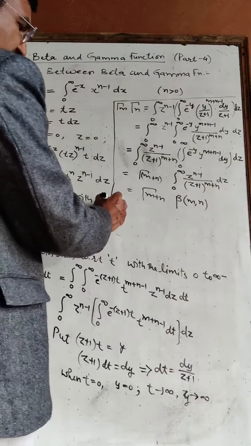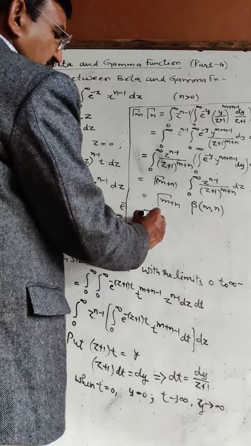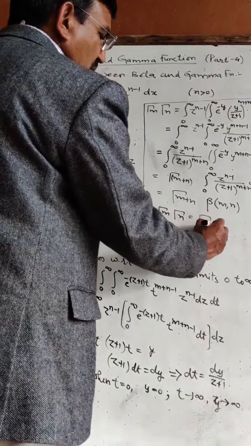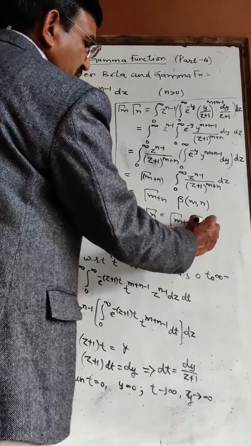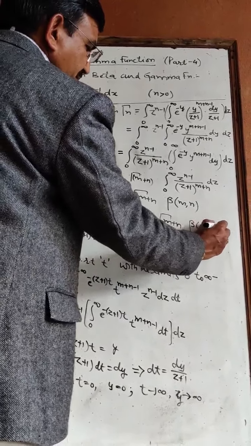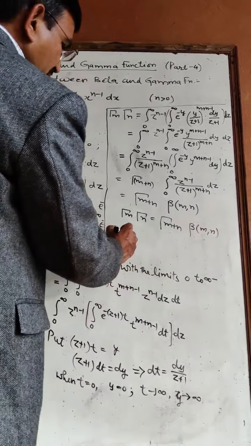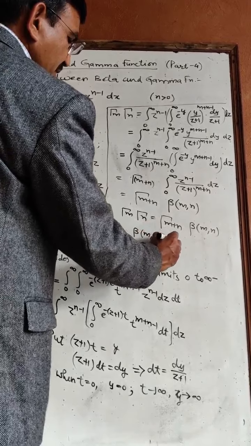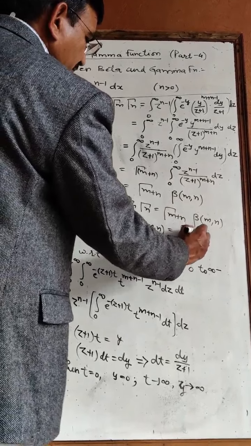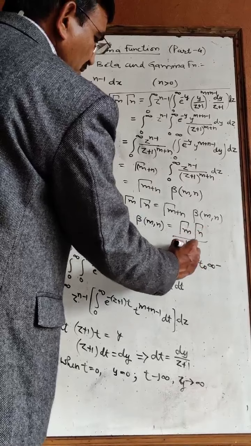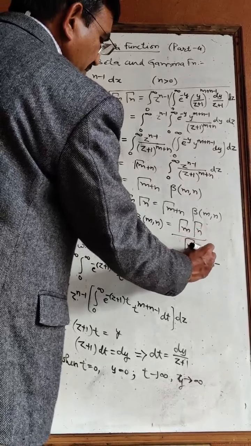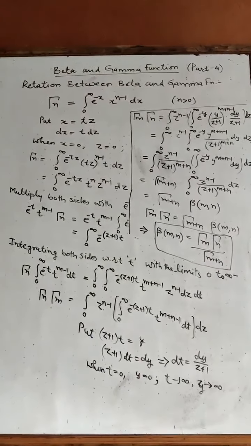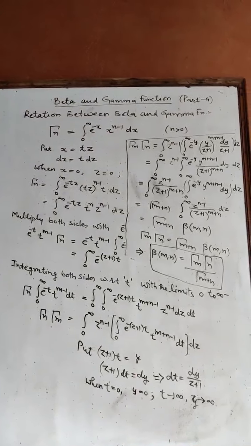So what we find from here is that gamma of m, gamma of n is equal to gamma of m plus n into beta of m, n. And again from here we can write beta of m, n is equal to gamma of m, gamma of n over gamma of m plus n. So this is the relation between the beta and gamma functions.